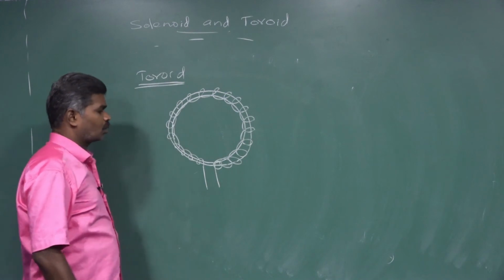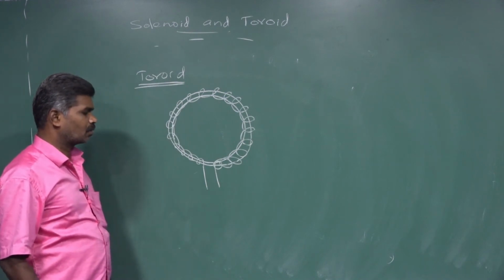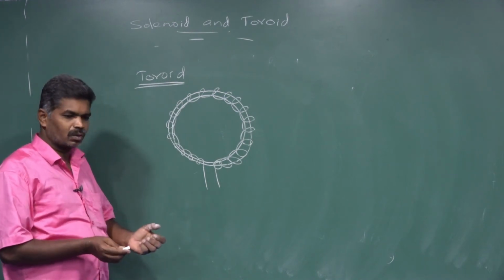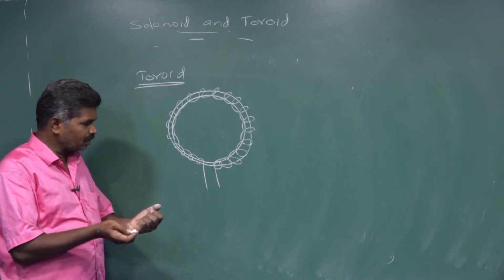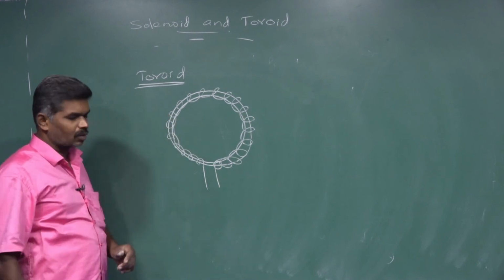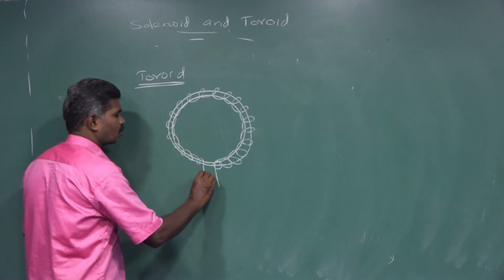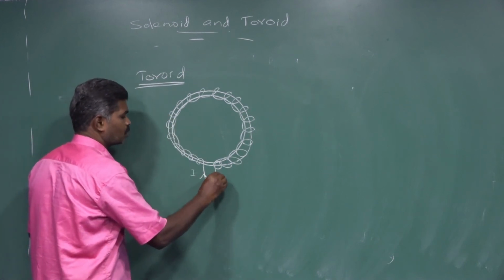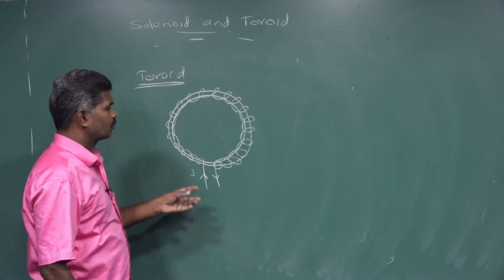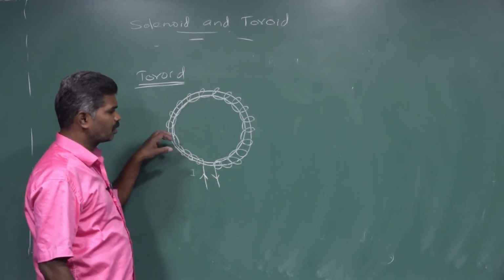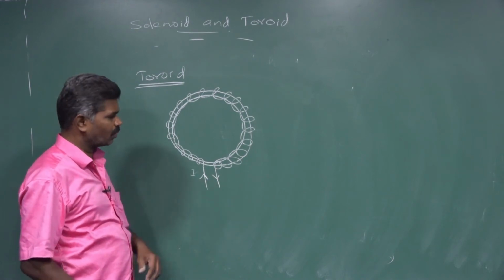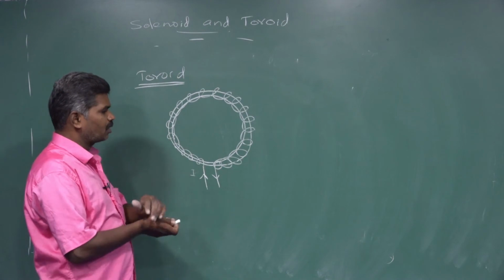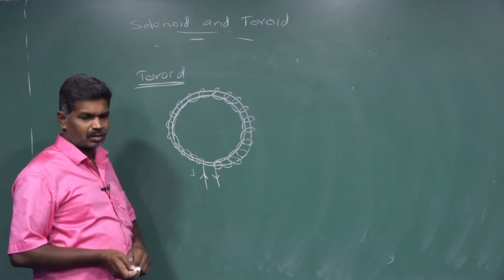This is the toroid. The solenoid is bent so that end to end join and form a ring shape, which is called a toroid. If you supply a current through that solenoid, the toroid, it produces a magnetic field inside. We want to check whether we have a magnetic field outside also or not.